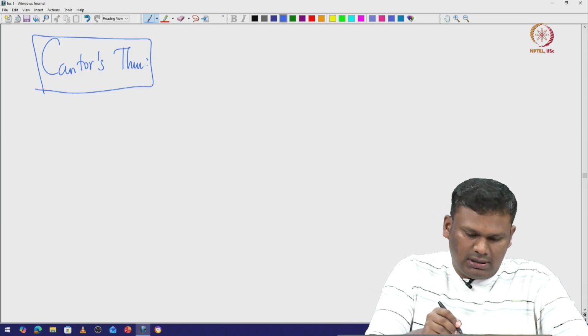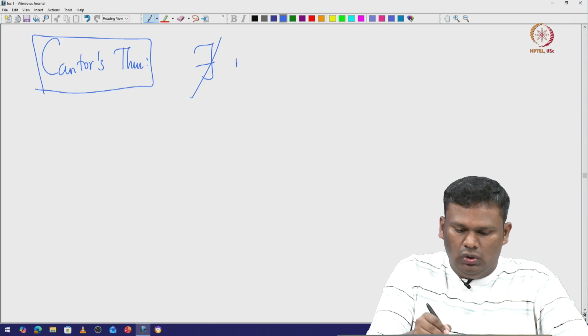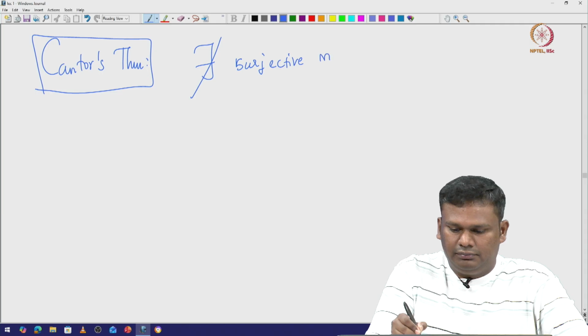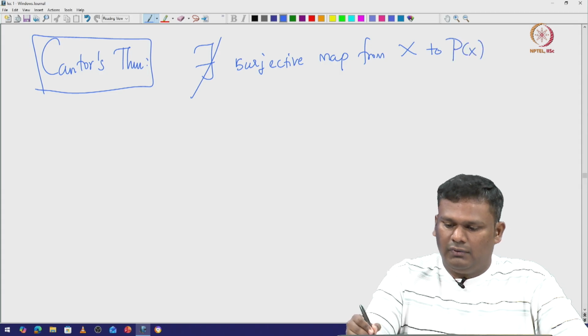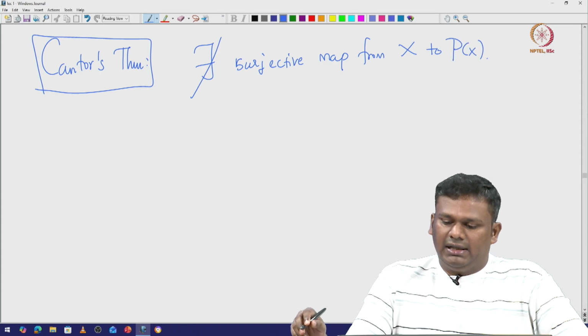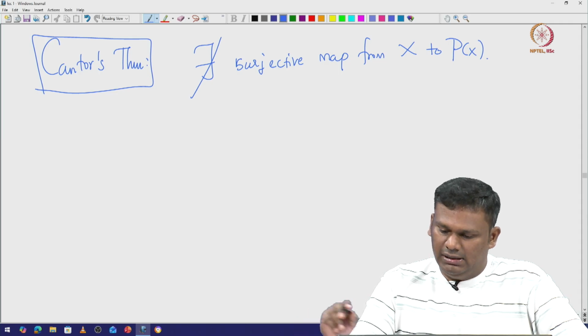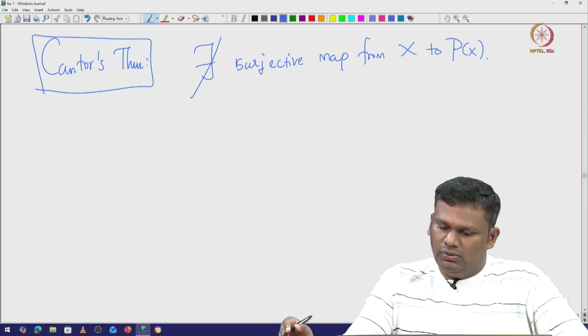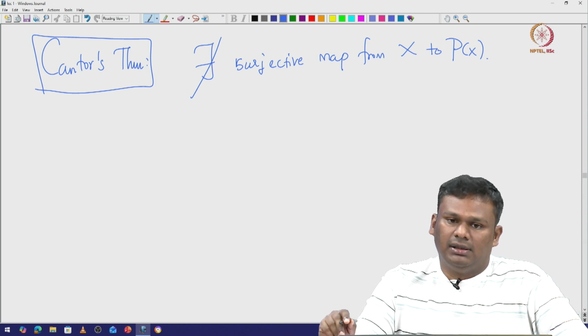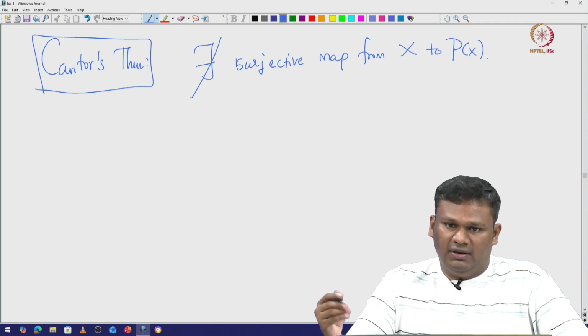So, Cantor's theorem says there exists no surjective map from X to the power set of X. Even in the finite case, we will talk about finiteness later, you can see that this would never happen, because if X has some k number of elements, we will be able to prove the power set has 2 power k elements, which is larger than k.